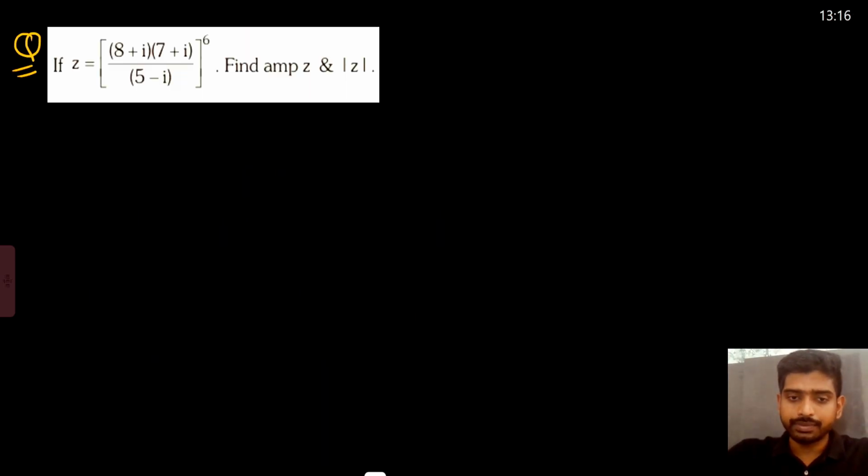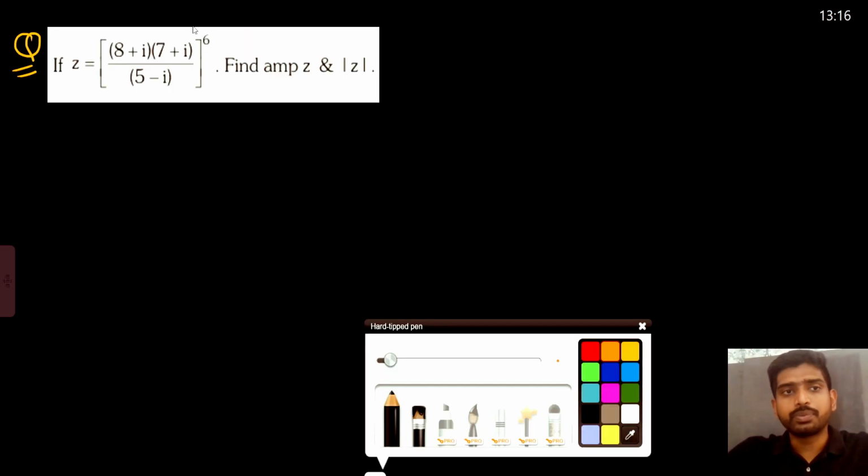In the next question they have given z is equal to (8 plus iota) into (7 plus iota) divided by (5 minus iota), whole to the power 6. Got it? So first we'll find the modulus of this complex number.